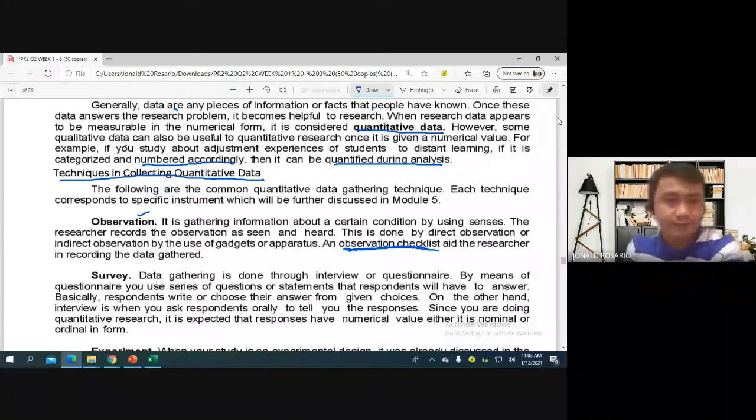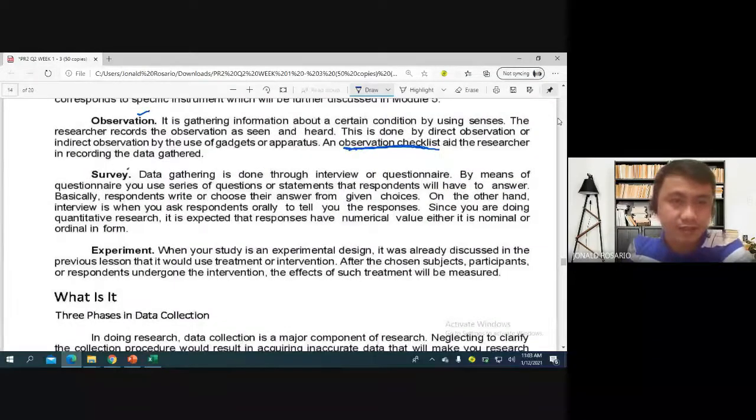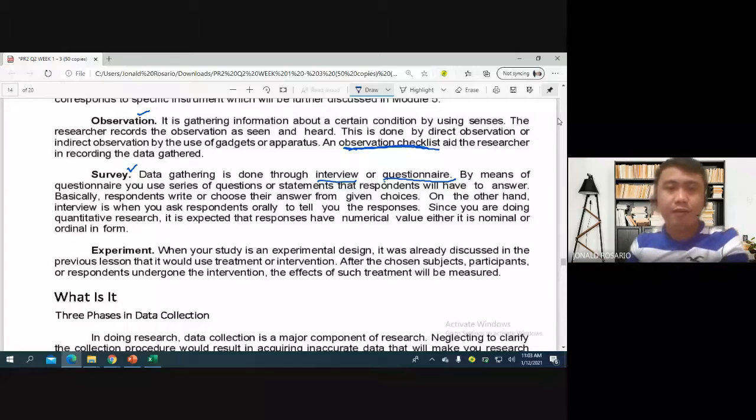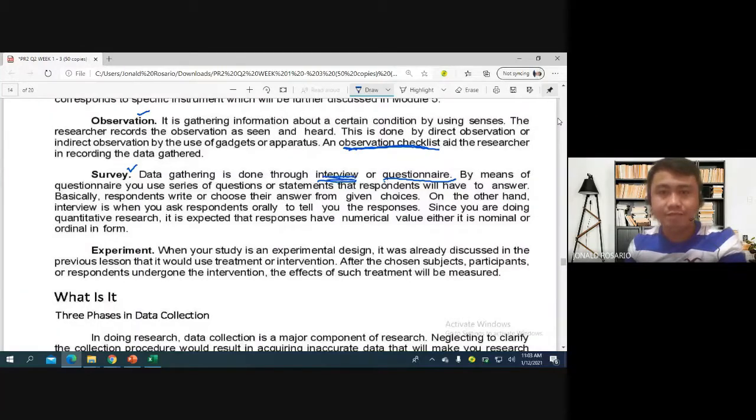Okay, next. A survey. So survey, ito na yung gagamit tayo ng questionnaire pagka quantitative. So we can also have interview. Again, data coming from interview can be converted to numerical form, so pwede po yan.